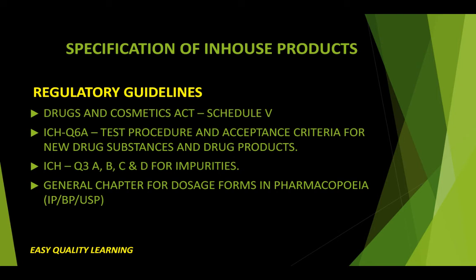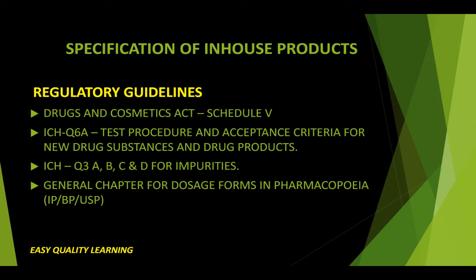Then one guidance is there from ICH Q6A, test procedure and acceptance criteria for new drug substances and new drug products. So this is one more guidance which is available, which can be referred while making the product specification. Then ICH Q3A, B, C and D guidance is also available, which is used for fixing the impurities limit.